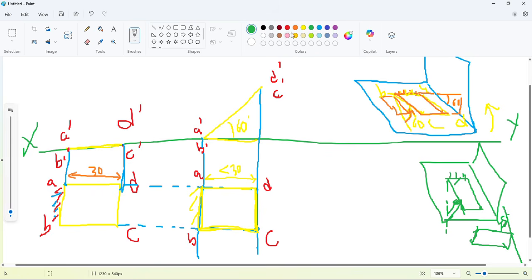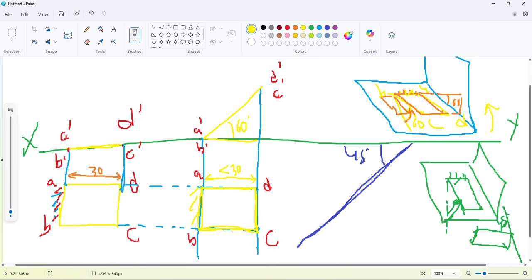Or in manual drawing, you can do just one thing: just make a line which will be at 45 degrees, because you have to rotate it in such a way that after rotation this resting edge should be inclined at 45 degrees. So now on this 45 degree line, just trace out this length AB.